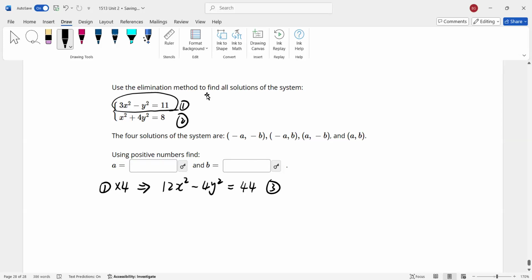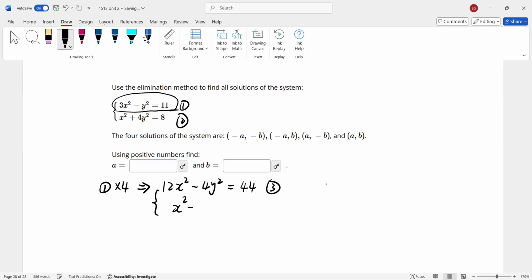They represent the same equation, but look different in appearance. We got equation 3 by multiplying equation 1 by the number 4. 3 becomes 12. Negative 1 becomes negative 4. 11 becomes 44.